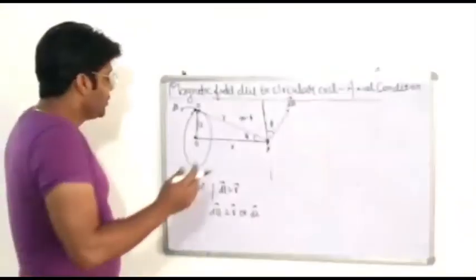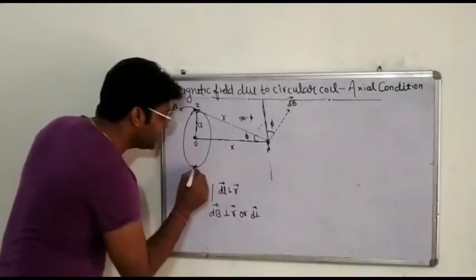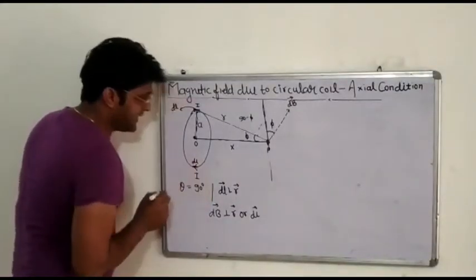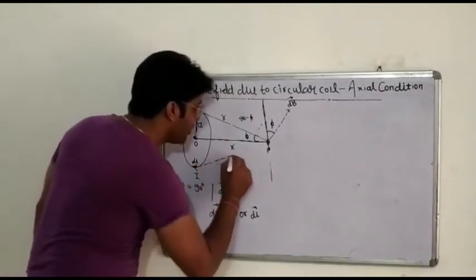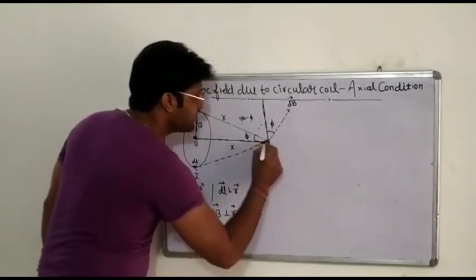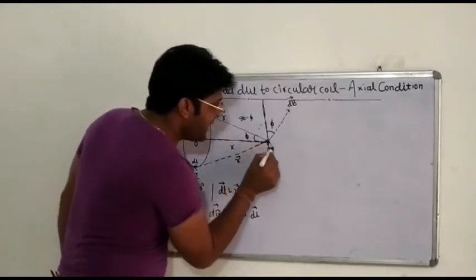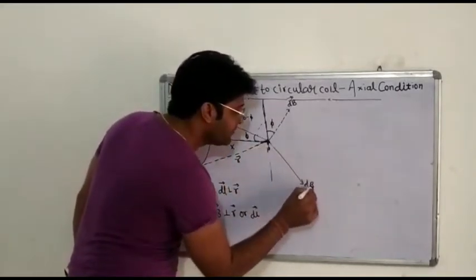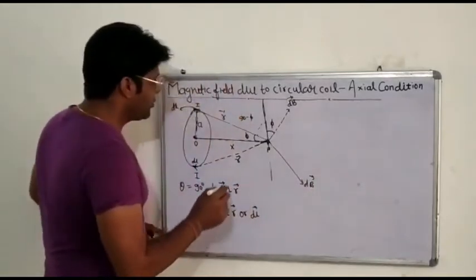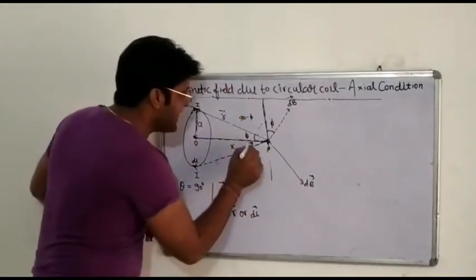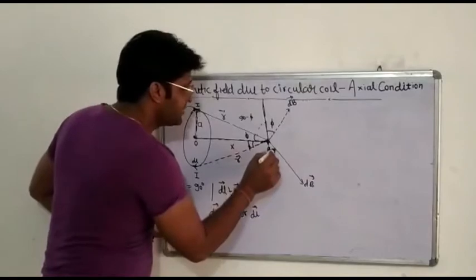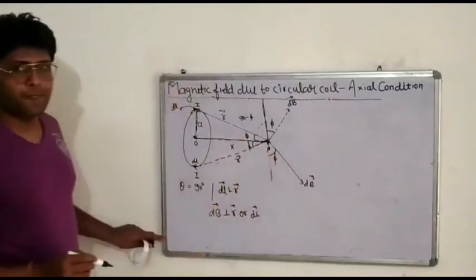We can consider another current carrying element dl, and we can also draw the displacement vector, that is r. So again we will find the direction of magnetic field which will be perpendicular to the r. So this angle also will be phi.